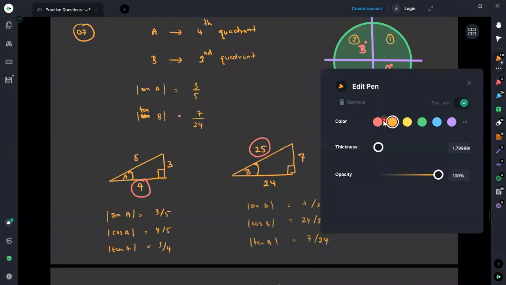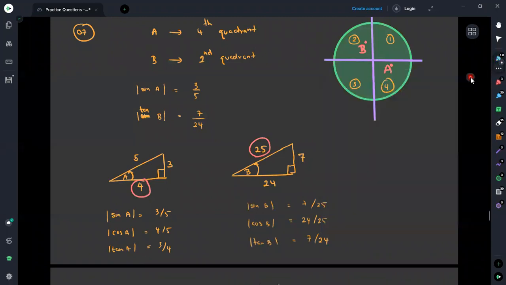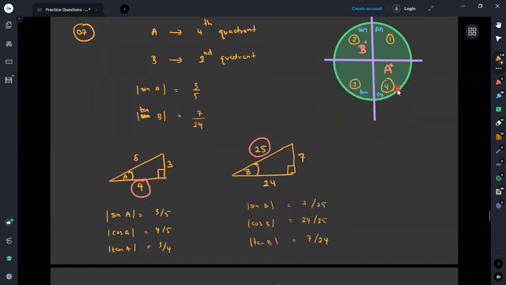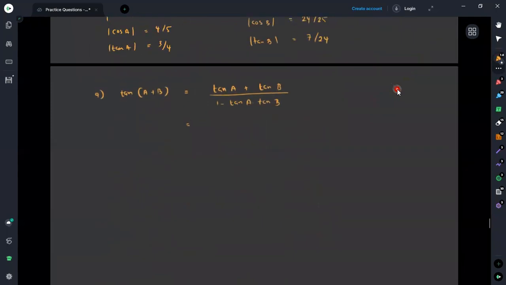In the fourth quadrant, only cosine is positive, and sine and tangent are negative. Therefore, definitely the tangent of angle A should be a negative value.